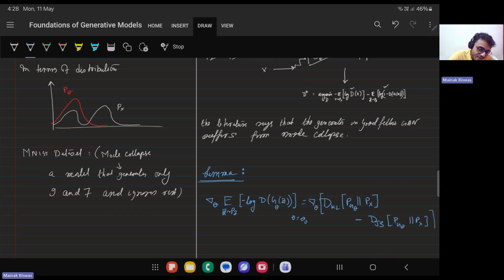We'll see at what theta 0 we are finding the gradients. This is very, very surprising. So this results in a very big problem. We'll investigate the problem as well, but let's try and show this first.